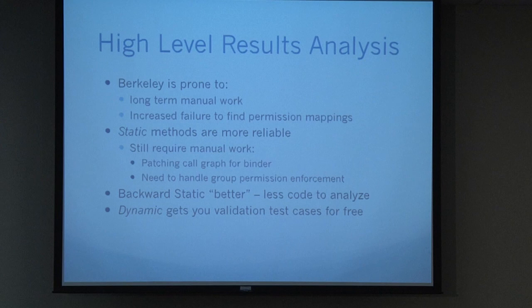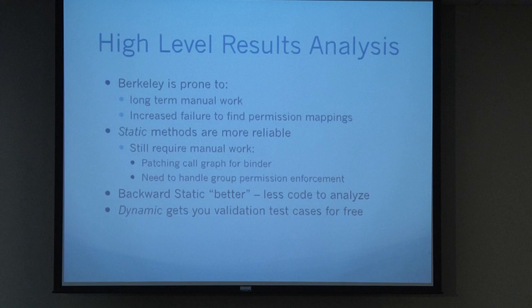But the last benefit of the dynamic is that you get these validation test cases for free. So as you can see, it's a mixed bag, right? There are some positives, there are some negatives. Each requires a little bit of manual work. Each has its good auto-magical map generation part, but there is always some work.